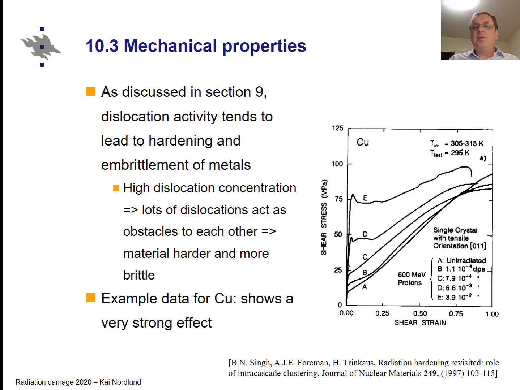This starting part here means that the material becomes elastically harder, but then if you go to large strains, it also starts breaking. This point here means that the material completely breaks. This is something which needs to be known and controlled when using metals in radiation environments. And as you can see, the effect is really quite strong.